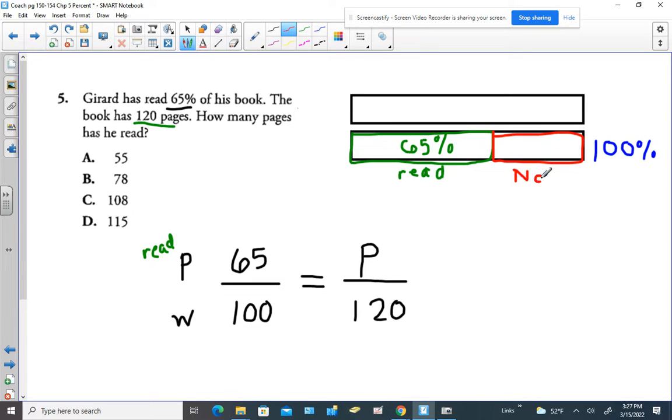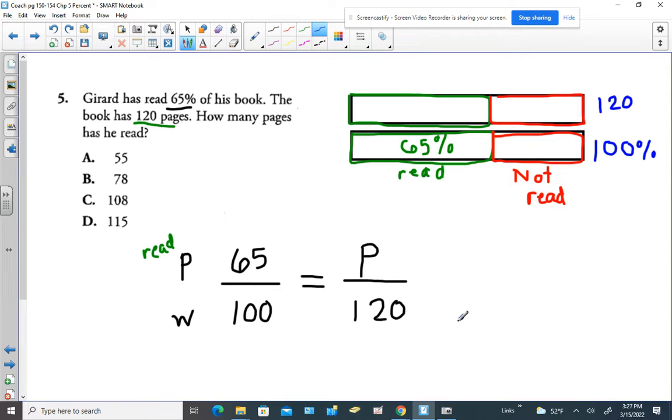Now, the question could have asked about that. It did not, but sometimes a tape diagram can help organizing your thinking. Now, when you're putting this number where it goes, we need the pages that he read, and possibly the pages that are not read in some cases, but not in this case. And then we have to decide, where's the 120 go? Well, earlier we said that the 120 is the all of it number.